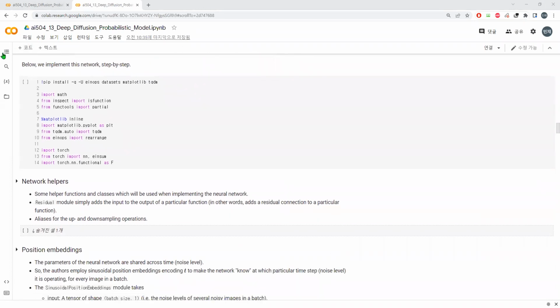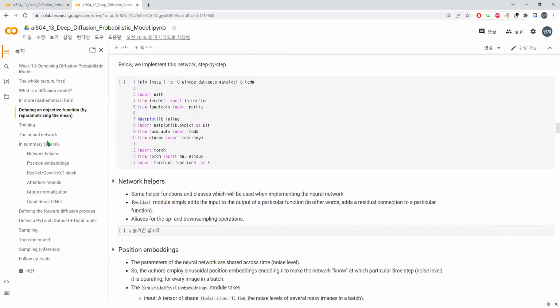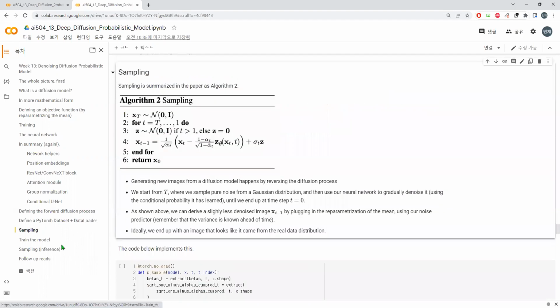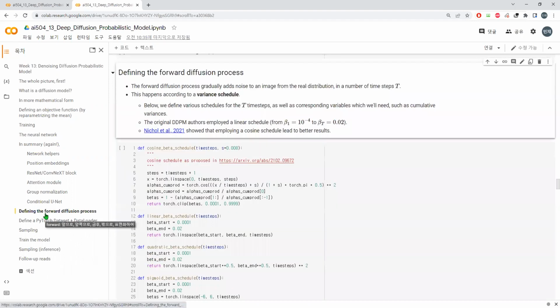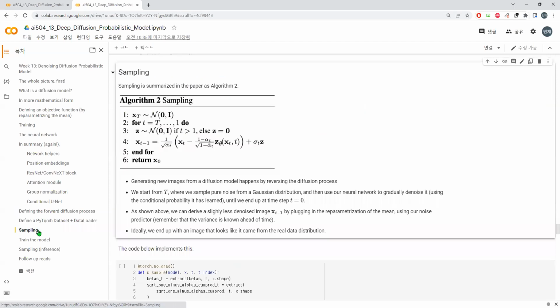By the way, we have many sections, but the point is, please don't get lost. The point is this: the diffusion process and sampling, which means the process for adding noise and the denoising process.